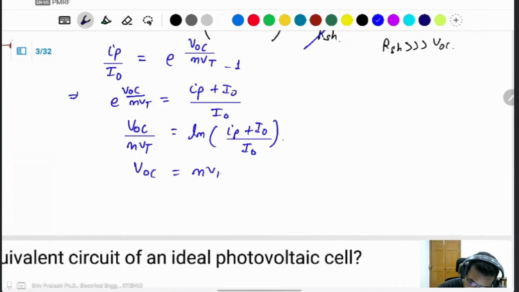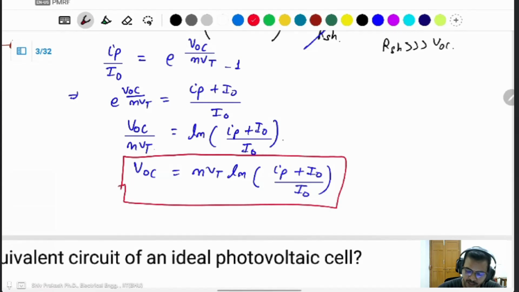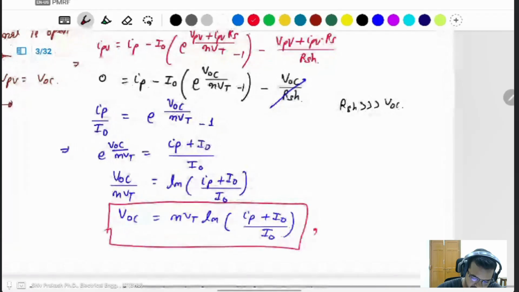VOC is equal to NVT ln of (IP plus I naught) divided by I naught. This is the open circuit voltage of a PV cell, and the short circuit current is here.